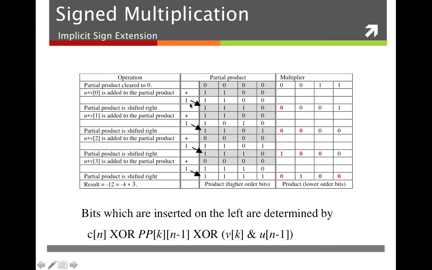When we talked about the sign, I mentioned the fact that we are sign extending the multiplicand, which is basically the term that we're adding here based on the multiplier bits.